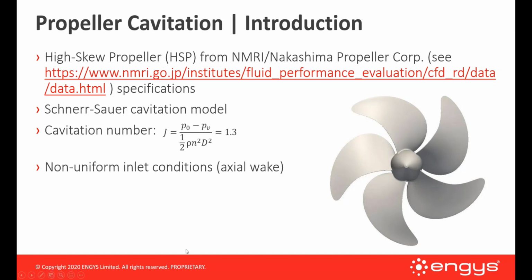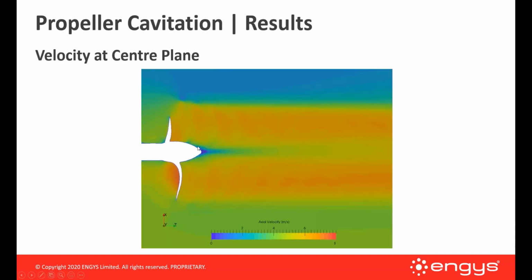You can find the link if you are interested in downloading the geometry model. We employed the Schnerr-Sauer cavitation model available in HELYX Marine, and we ran for a specific cavitation number with non-uniform inlet condition. Let me show you what I mean by this.